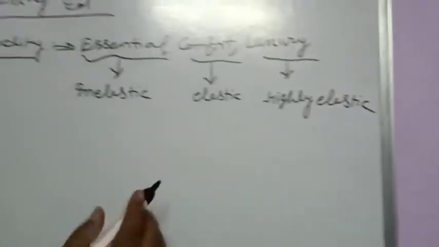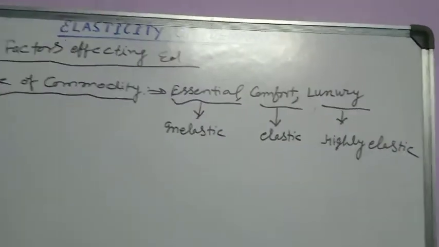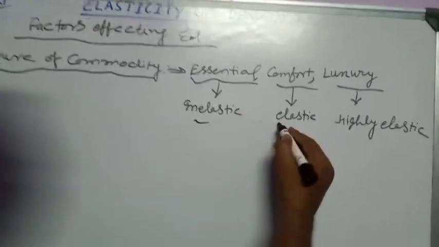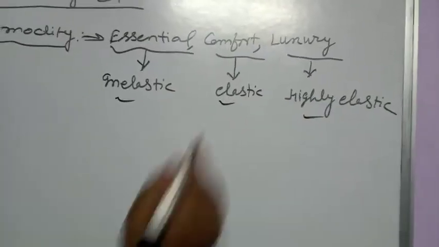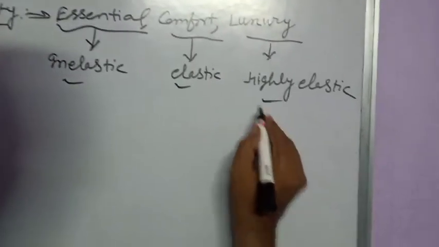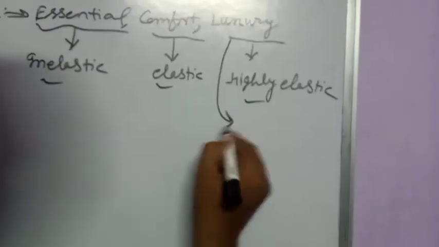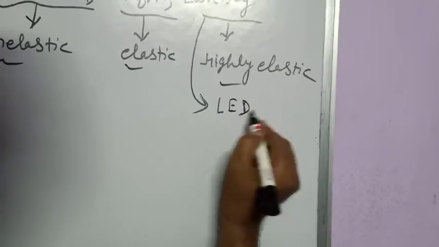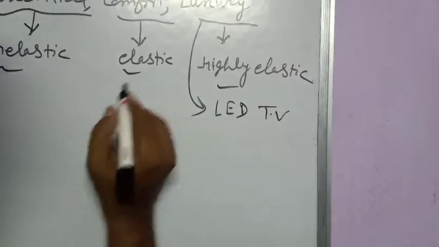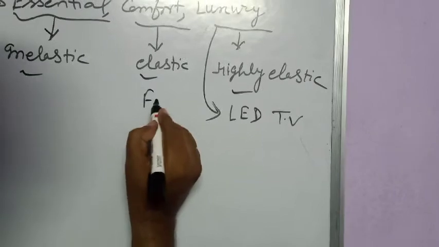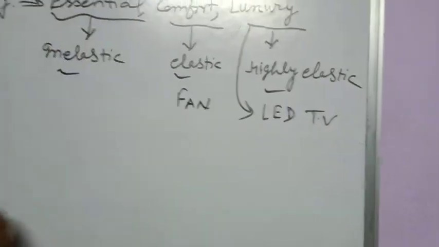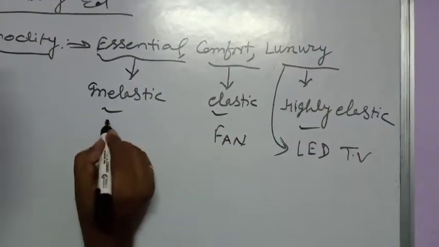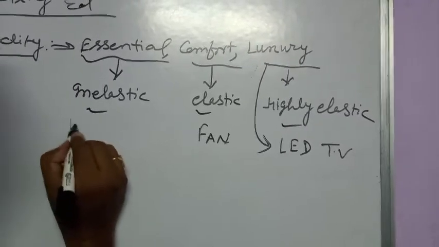So how we can say that it is inelastic, elastic and highly elastic? So in case of luxury goods, example LED TV. Here that is fan. And inelastic, that is essential, that is the wheat and rice.